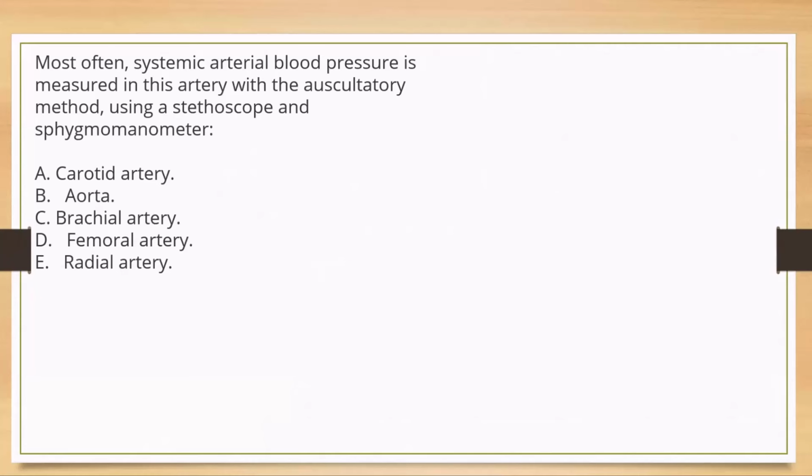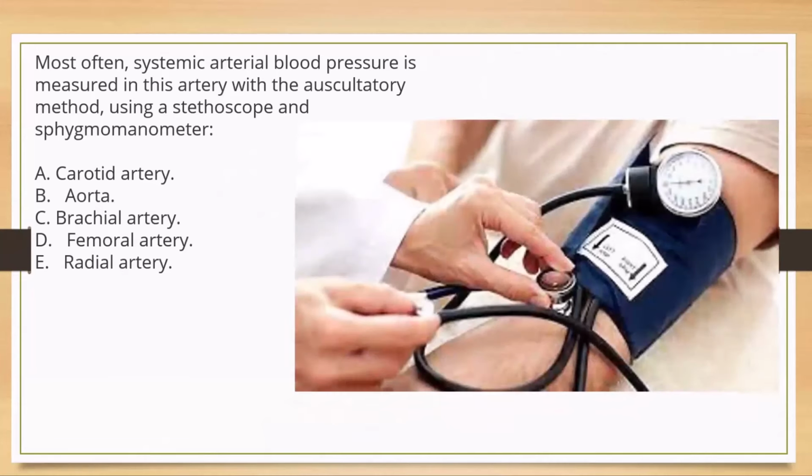In other words, which artery are you going to use when you are checking BP? What are you trying to palpate when taking vital signs? Definitely you are thinking of the brachial artery.